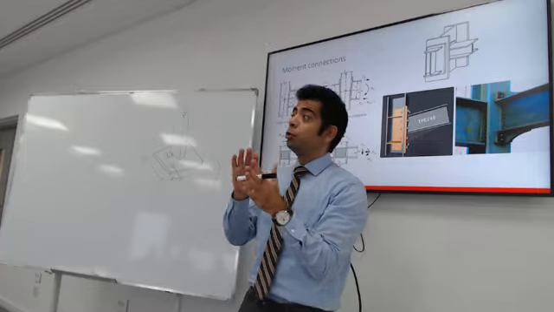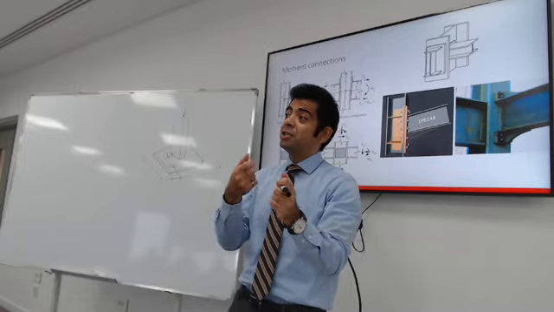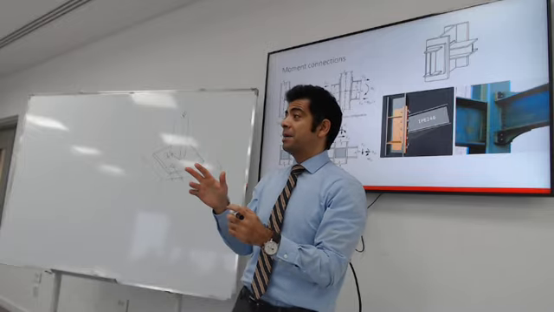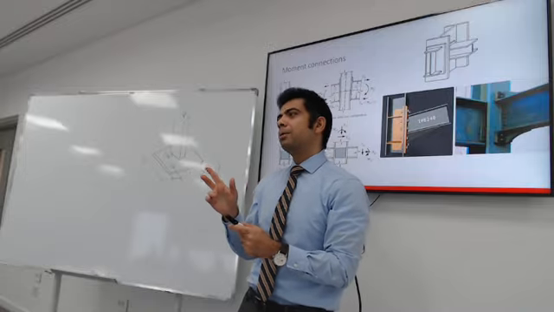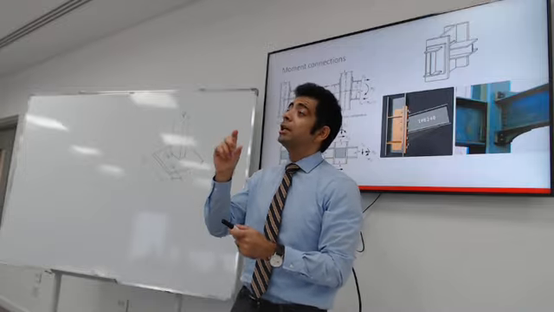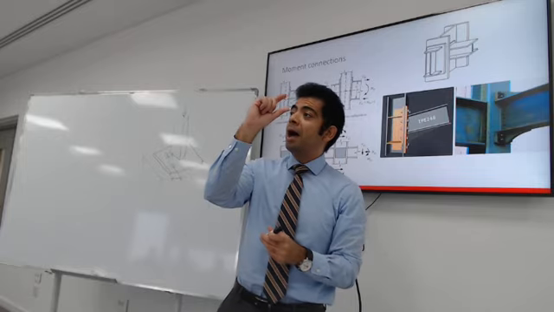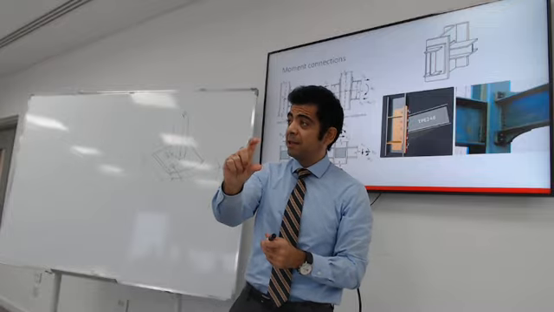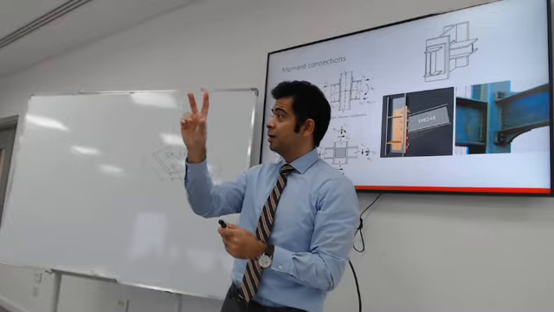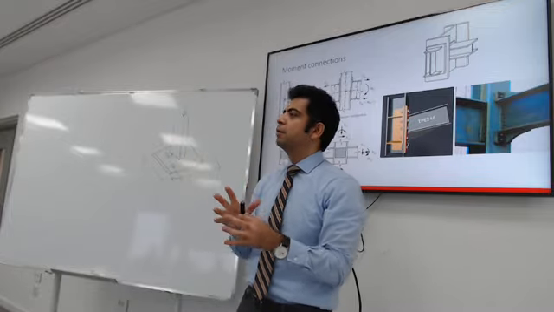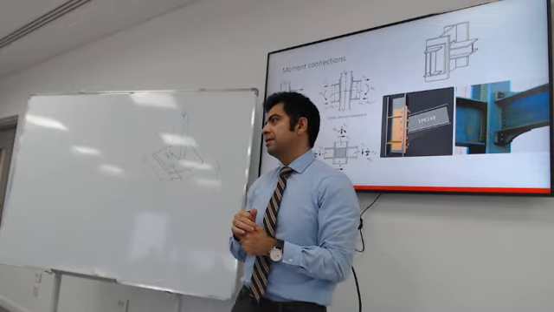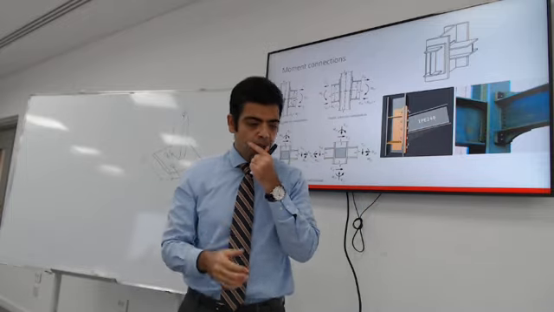Can you load it to its maximum capacity in tension and maximum capacity in shear? Probably not. So you will do the unity equation. Make sure that actual tension over capacity in tension plus actual shear over capacity in shear doesn't exceed 1. The ratio doesn't exceed 1.